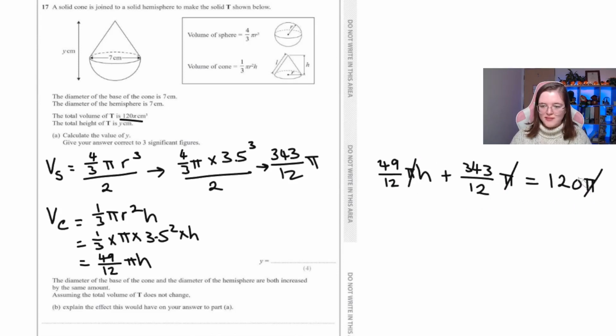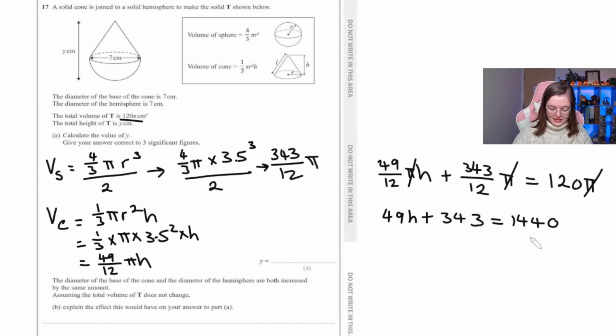I'm also going to times it all by 12. So I'm going to get 49 h plus 343 is equal to 120 times 12, which is 1,440. Then I want h, so I'm going to take away 343, which gives 1097.